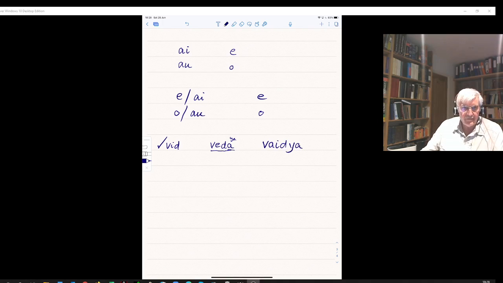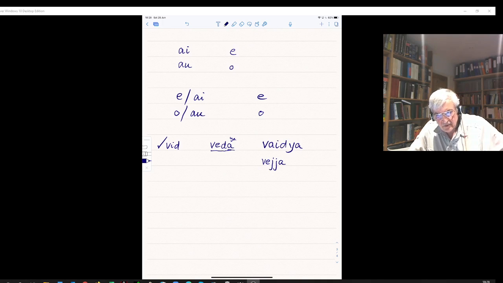So a Vaidya from Veda, a Vaidya is a man of knowledge. It means a doctor. Now in Pali that same word exists, but in fact that vriddhi ai remains guna E, and the dya, as so often happens, becomes a double j. So this Vaidya in Sanskrit with the vriddhi ai becomes Vejja in Pali.